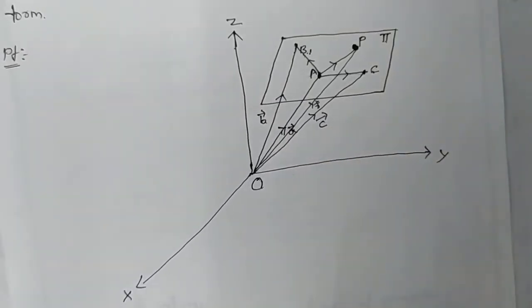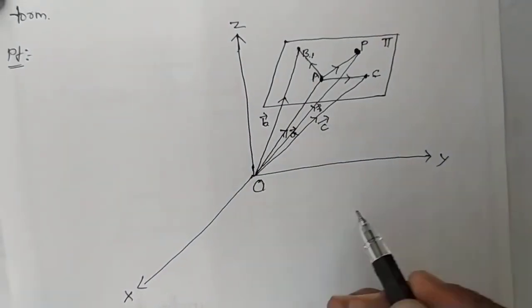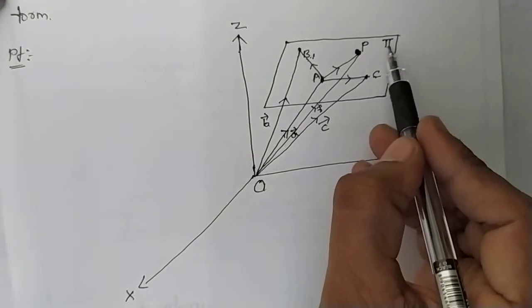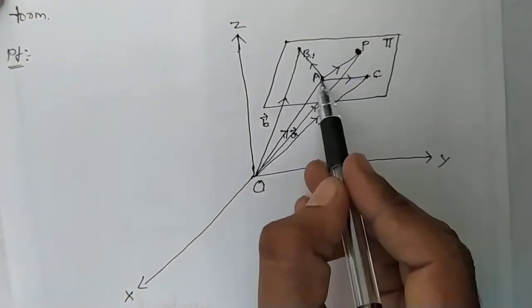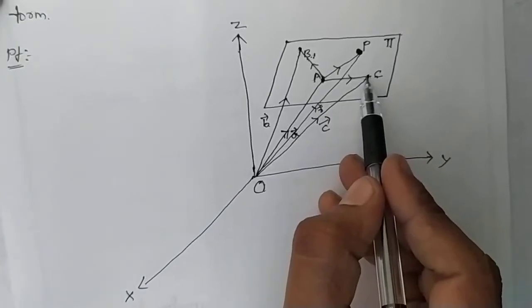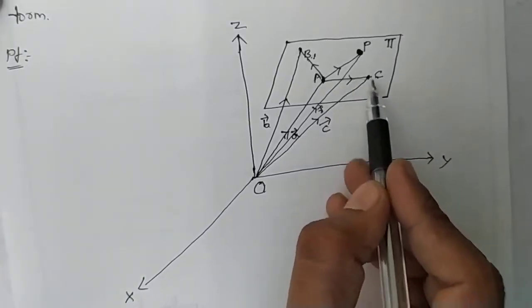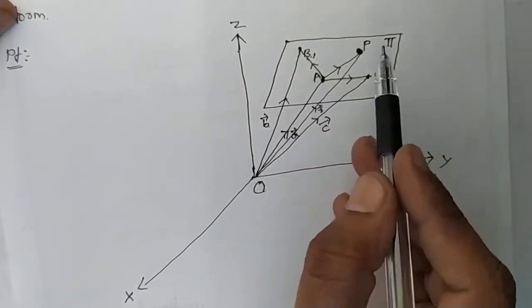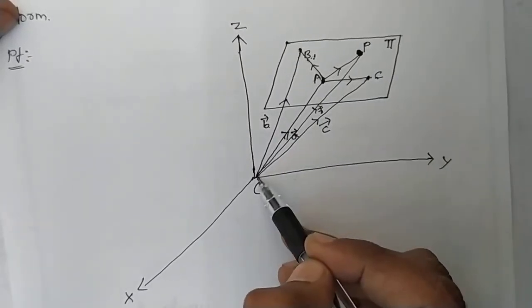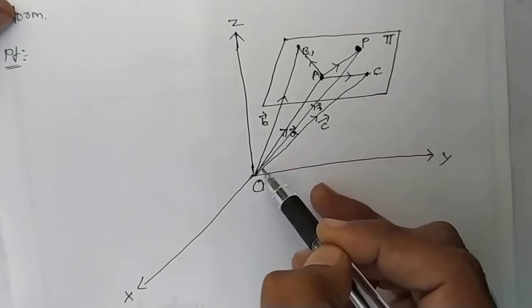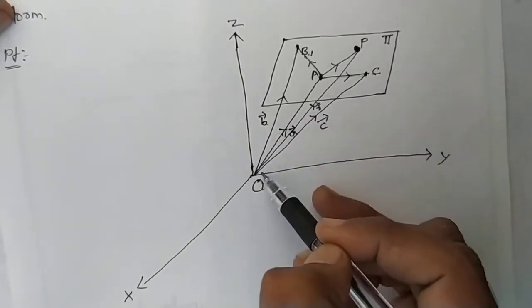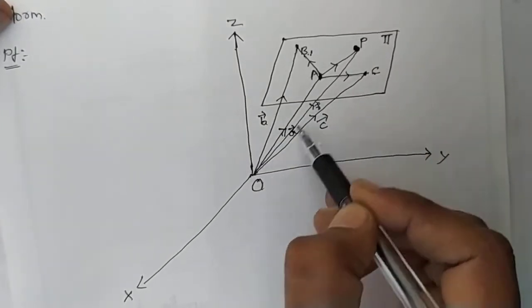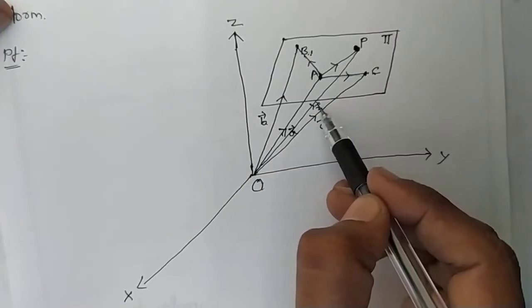Now, once again, I will repeat the explanation of this diagram. Let pi be a plane. A, B and C are the three non-collinear points on the plane. Let P be any point on the plane. Here we have the position vectors: OA vector is A vector, OB vector is B vector, OC vector is C vector, OP vector is R vector.